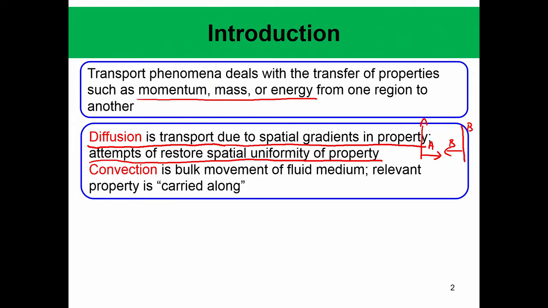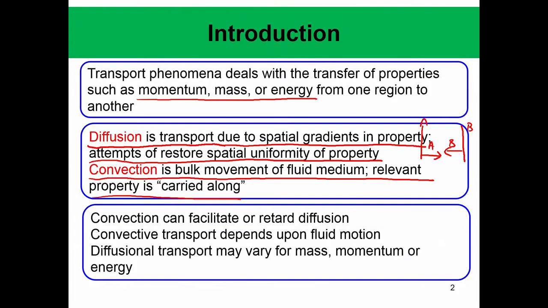It is only that these particular species move in different directions, whereas convection is characterized by bulk movement of the fluid medium and relevant properties carried along with it. So that is the difference between diffusion and convection. One is movement of certain kinds of species, whereas convection is the bulk movement of the entire fluid medium.